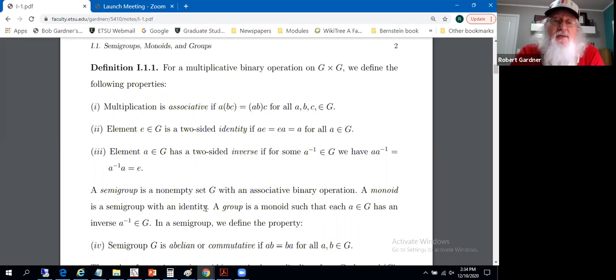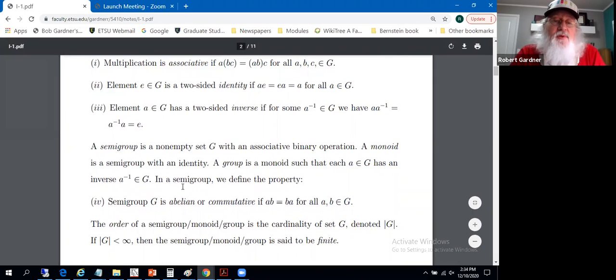There's an identity because there's an n by n identity matrix. Not necessarily inverses though, because there's plenty of non-invertible square matrices, all the singular matrices. So n by n matrices with real entries form a monoid. They don't form a group because you don't have inverses for some of the elements of that collection of matrices.